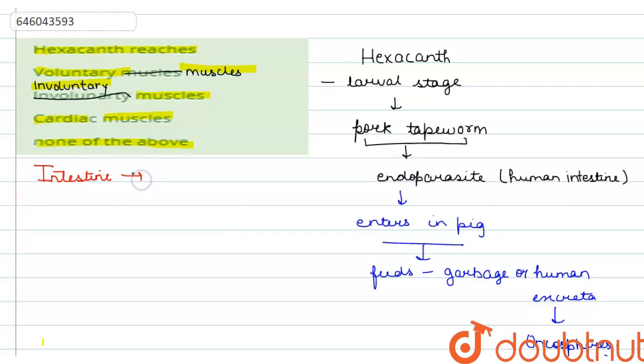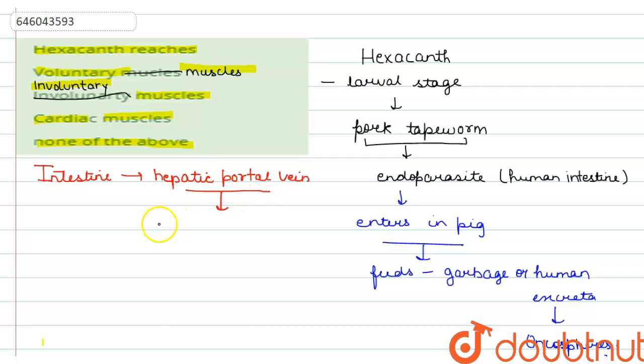Now from the intestine it goes to the hepatic portal vein. It enters the hepatic portal vein. Now through this hepatic portal vein, where does it reach?